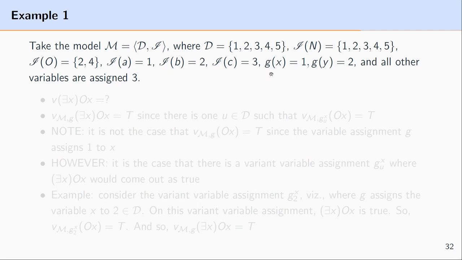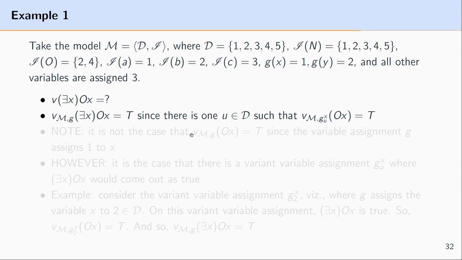Then we have the variable assignment g, which takes x and references 1, y and denotes 2. And if we had any more variables, we can say that they are all assigned a value of 3. So now let's try to determine the truth value of ∃xOx using this model.